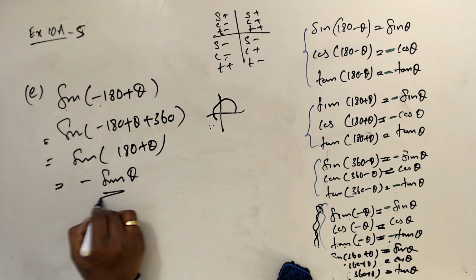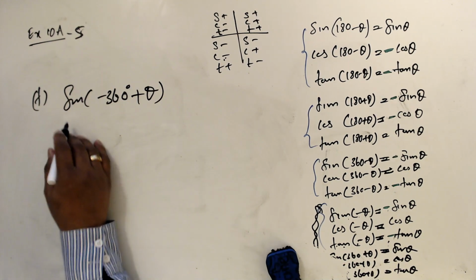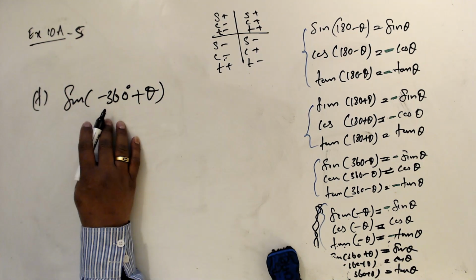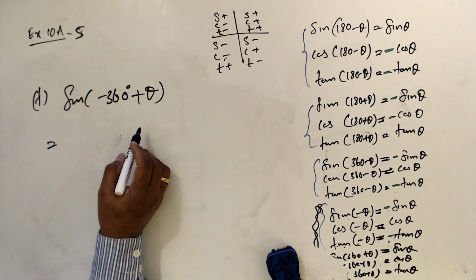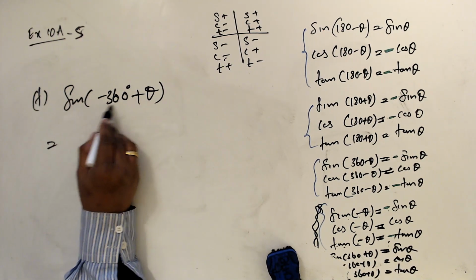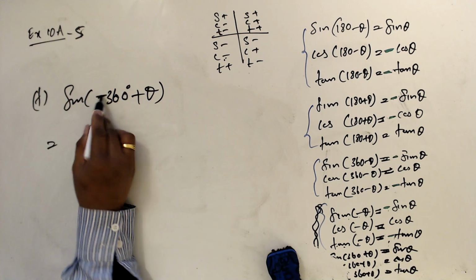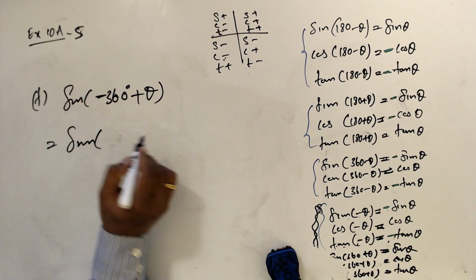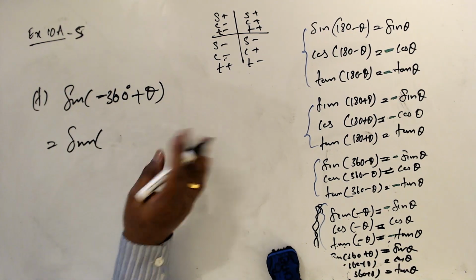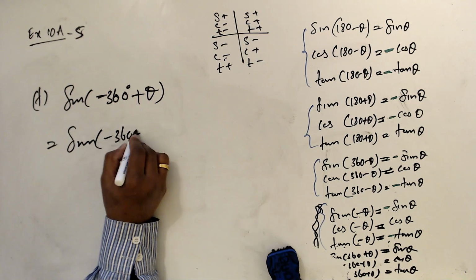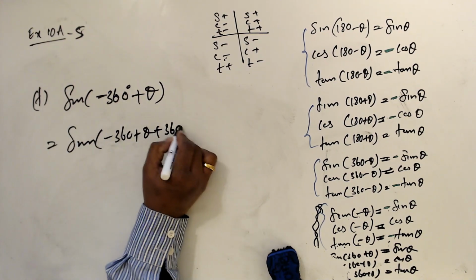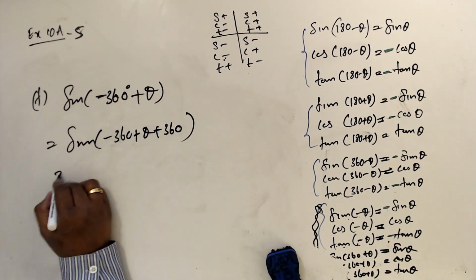Negative sine theta. F is sine minus 360 plus theta. I don't like this negative value. I can work like this with drawings, but the easy method is I add 360, so this cancels out.